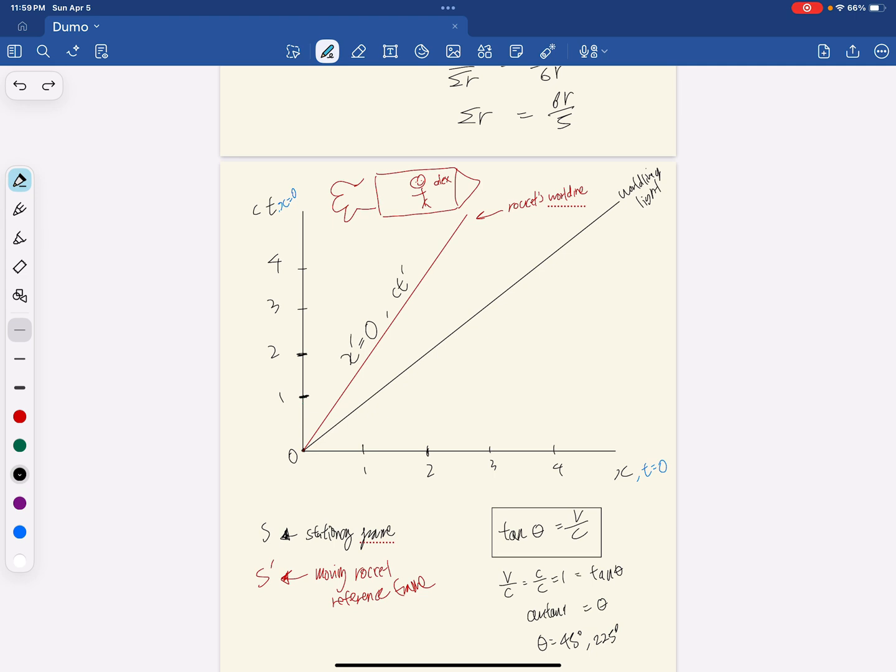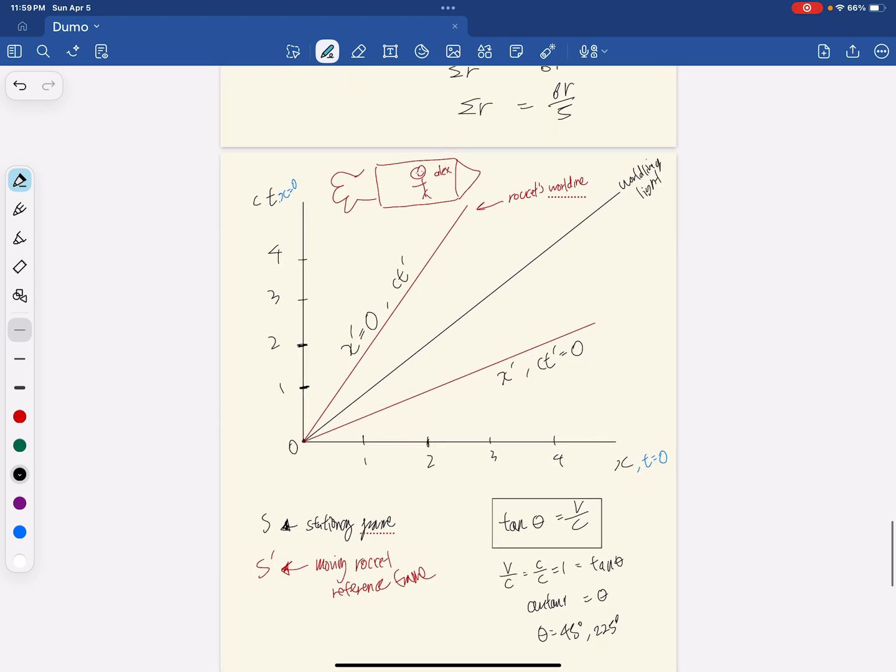But basically, to get the x prime axis, you just have to reflect the CT prime axis across the world line of a photon. So it's going to look something like this. And again, this is the x prime axis, and on this axis, CT prime will always be 0. And let's say if this is 20 degrees, this is also 20 degrees.